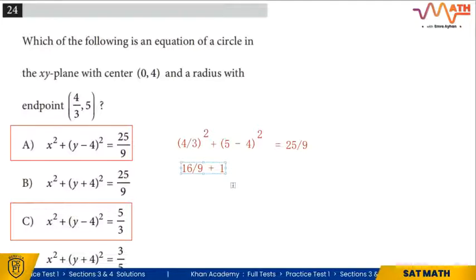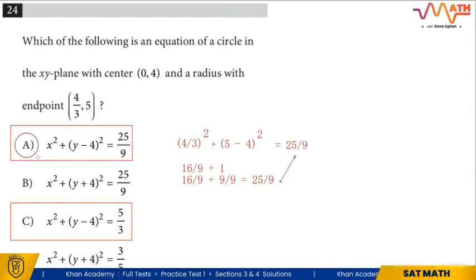So 16/9 plus 1 can be written as 16/9 plus 9/9, right? So 16 plus 9 will be 25/9, which is correct. As you see, it fits with the answer here. So this is going to be the correct one.